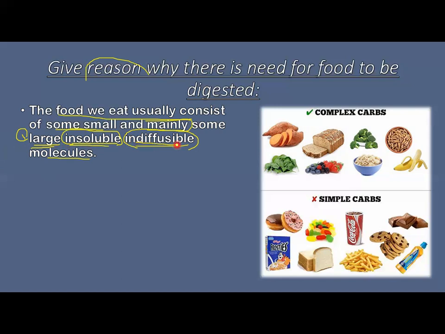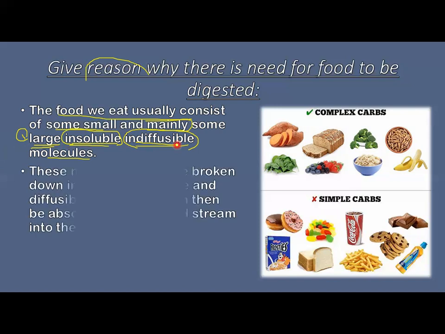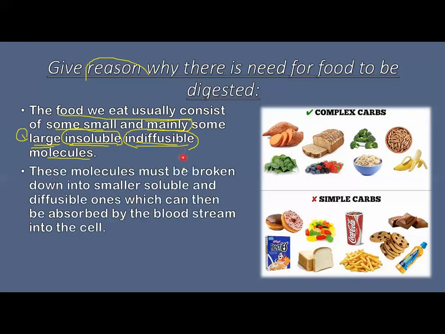To cross it, your food must be broken down into smaller molecules, from large molecules to small molecules, from insoluble to soluble form, and from indiffusible into diffusible ones, which can then be absorbed by the bloodstream into the cell.